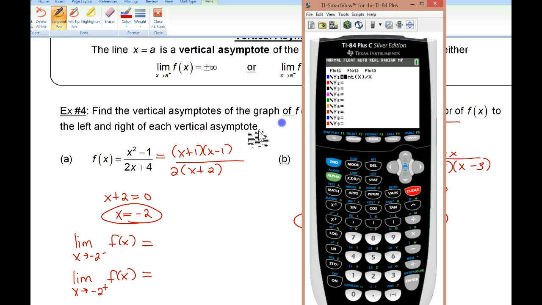That's why we want to graph it real fast. So I'm going to put in x squared minus 1 over 2x plus 4, and graph it. I just want to look at negative 2. From the left, it approaches negative infinity, and from the right, it approaches positive infinity. That's not always going to be the case. It's not automatically negative infinity just because we're approaching from the left.